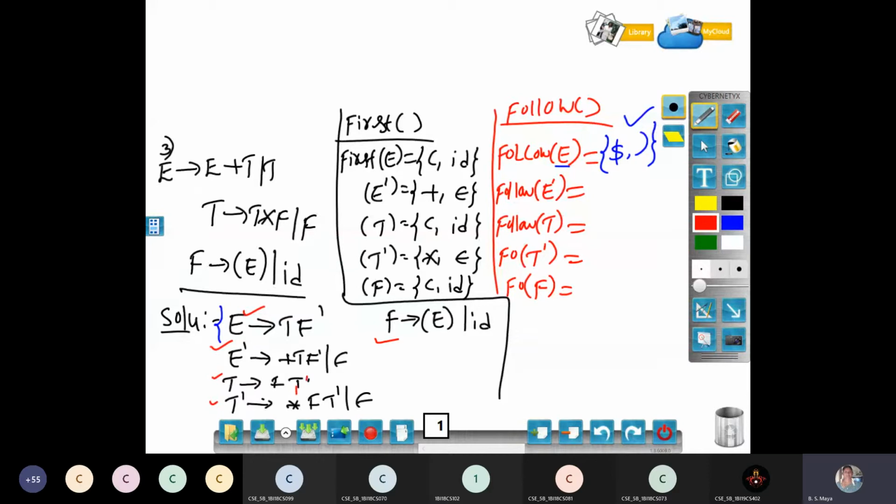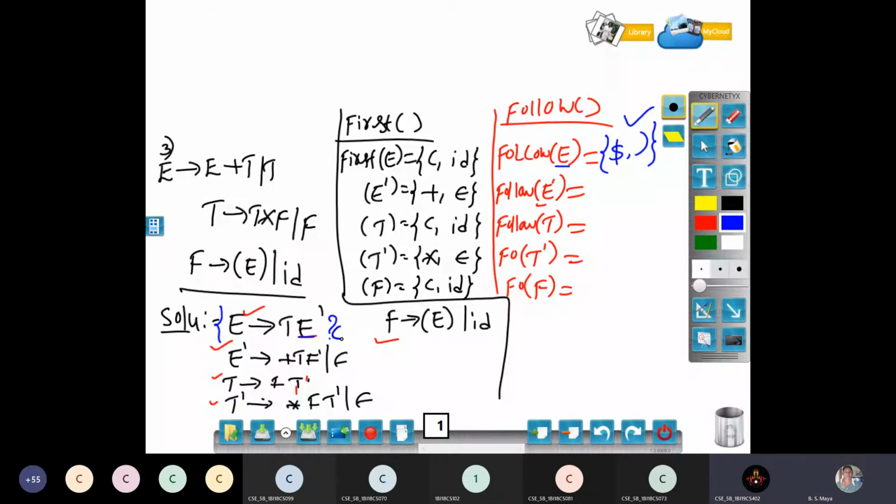Then you have to look at your right hand side. See, you have an E dash there. I have to find out the second one, which is E dash. For this E dash, I have to look at the right hand side of your production. See, I got the first one is E dash. What is there after the E dash here? Is there anything?